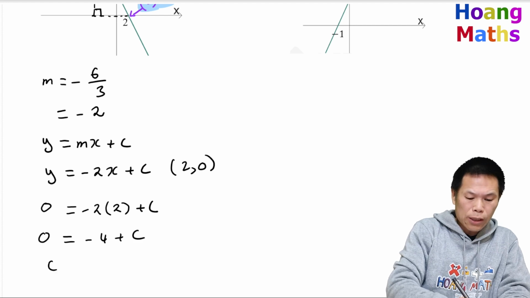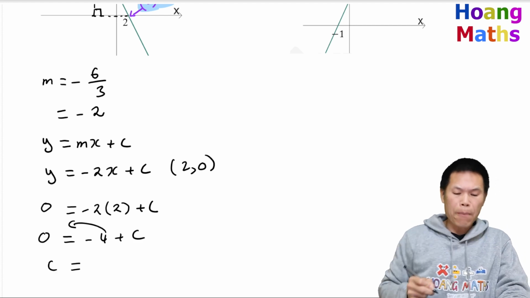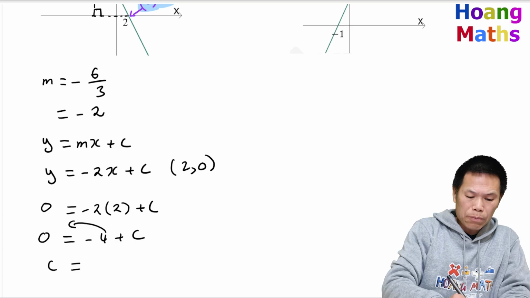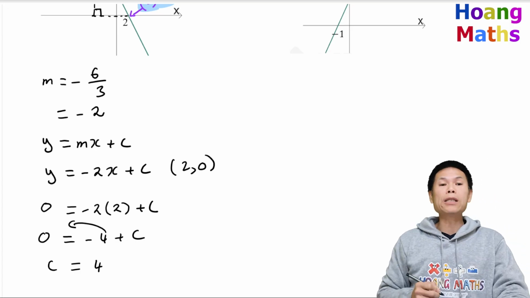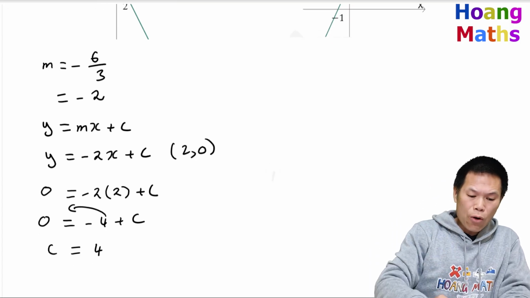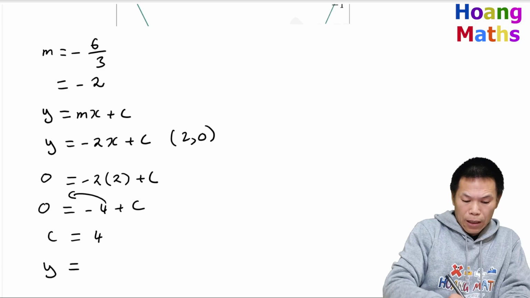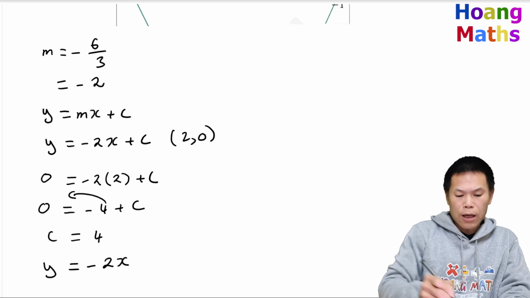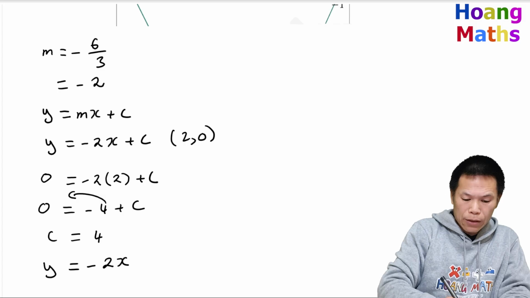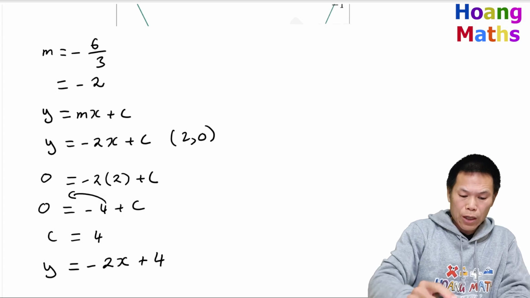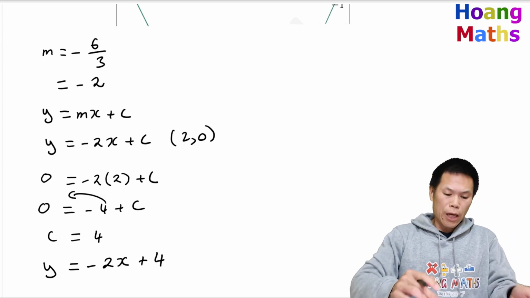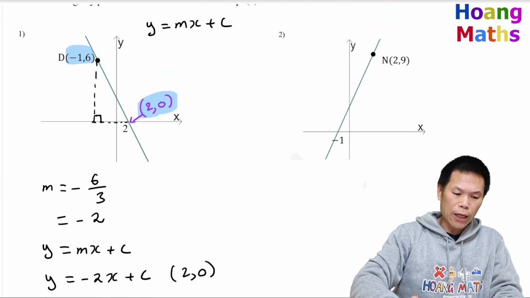Therefore c, we move it to that side, becomes positive, so c is 4. So the equation is y equals -2x plus c, and c is 4, which is plus 4. So there you go, this is the equation for this straight line here.